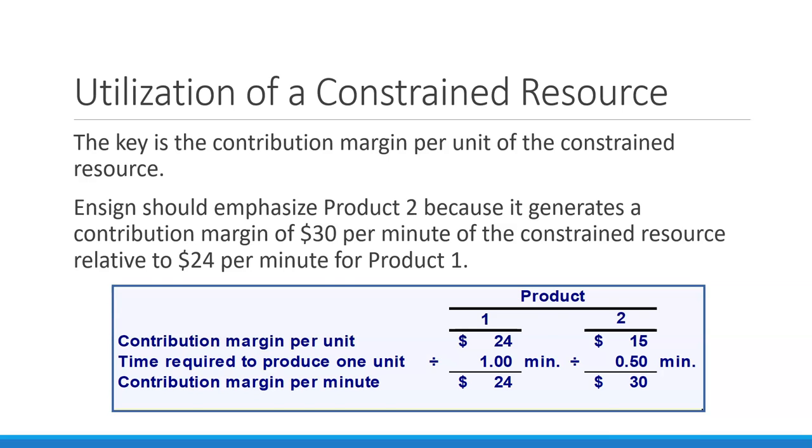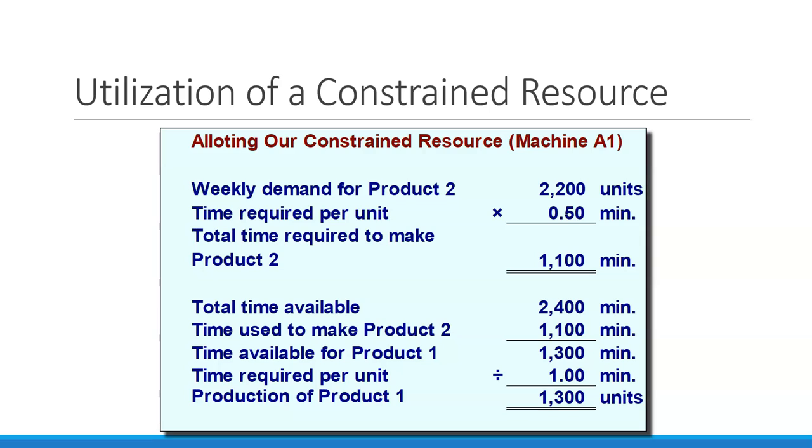When we look at then the utilization of a constrained resource, we can make both products, but we want to make sure that we make our full demand of product 2 because it has the highest contribution margin. We then use the leftover time to make as many of product 1 as we can.